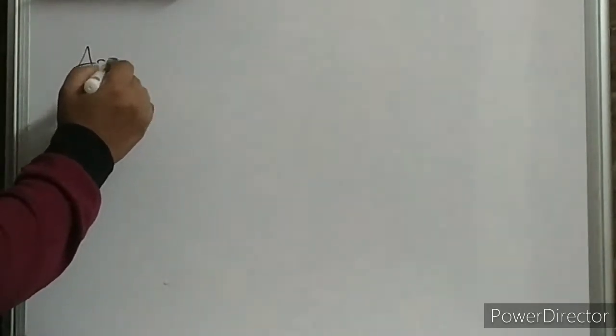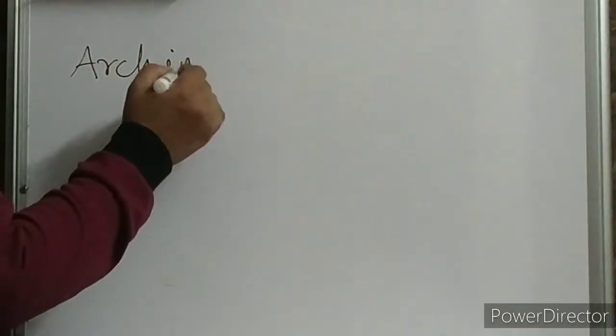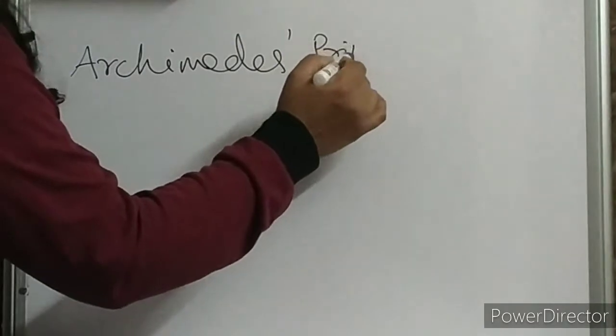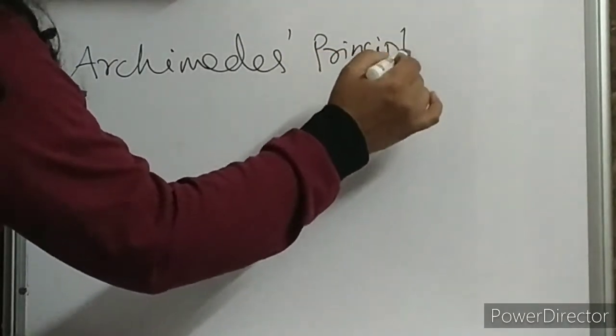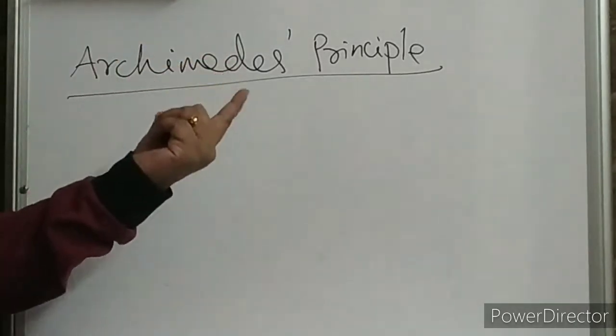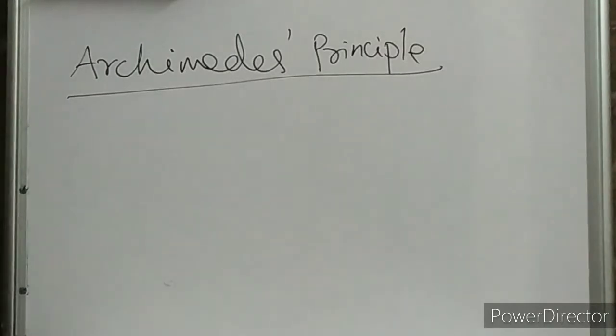So let us see what Archimedes principle is. This is applicable in the case of fluids, children. Fluid means it holds good for liquids and it also holds good for gases. So what is the exact statement you will get in your book?